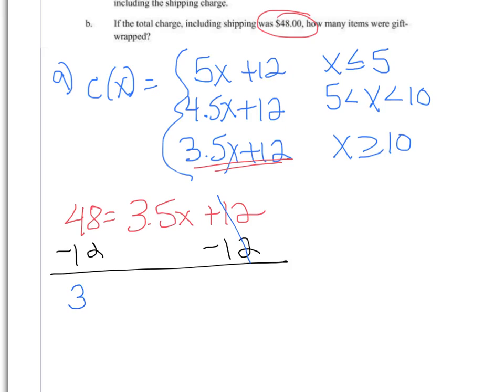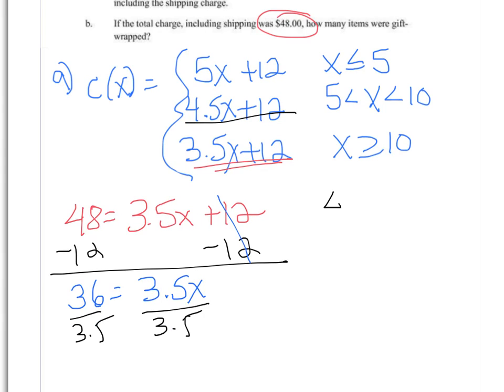So then this is 36. And 36 is not going to divide evenly by 3.5, so that's not going to work. So let's try the middle piece.